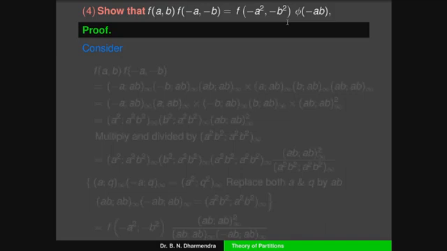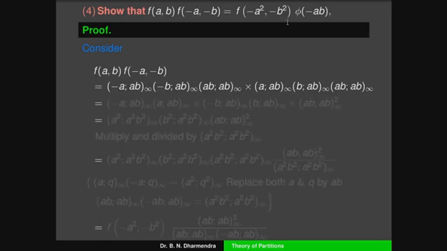The theta function definition in terms of the triple product identity is minus a ab infinity, minus b ab infinity, ab infinity. So if we consider the LHS side, f of a comma b into f of minus a comma minus b is equal to, by the triple product identity, minus ab infinity, minus b ab infinity, ab infinity, using the first result.